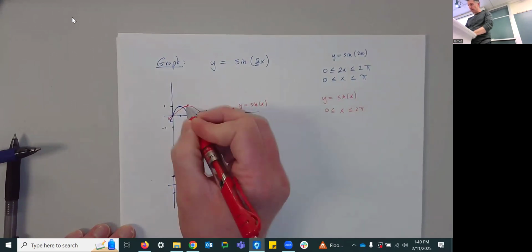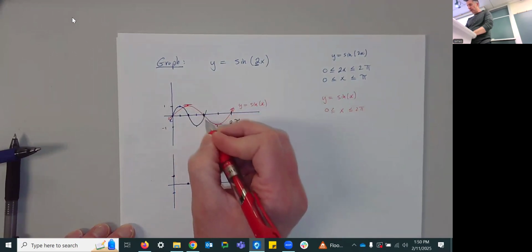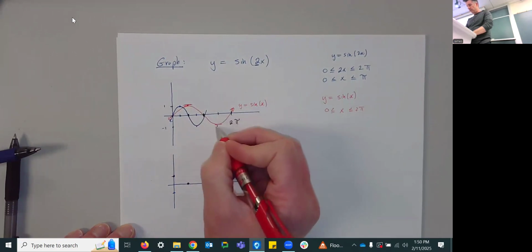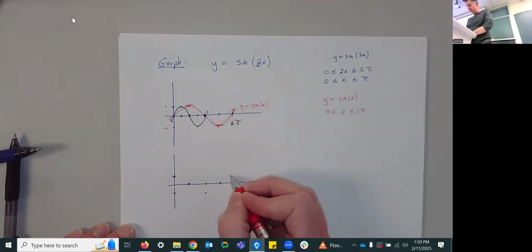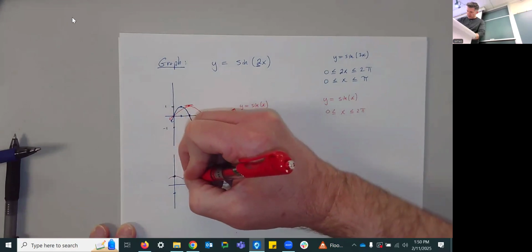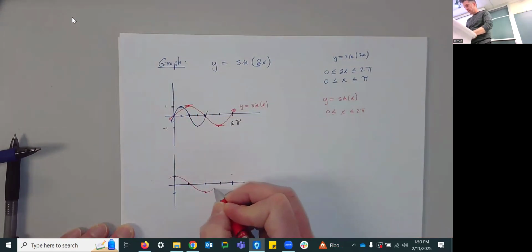The slope of the tangent line here is going to be 0. Slope of the tangent line there at pi is going to be negative 1. And then at 3 pi over 2, it's going to be 0. And at 2 pi, it's going to be back to 1. So not surprisingly, there's the graph of the derivative of sine of x, which is cosine of x.